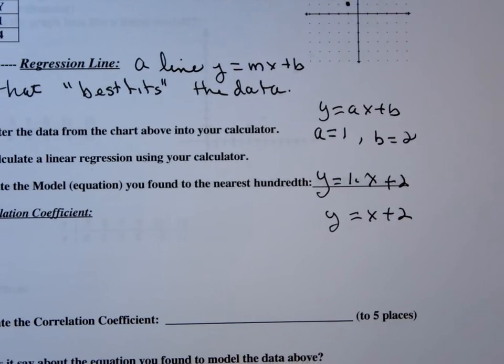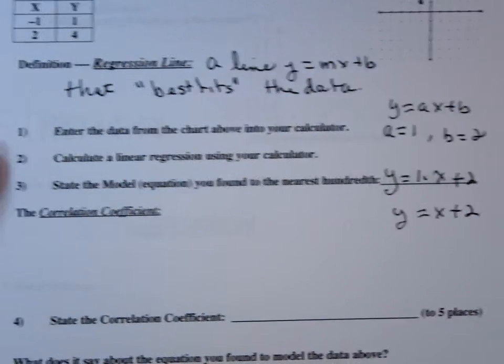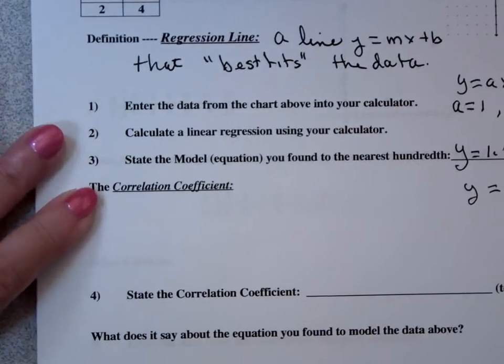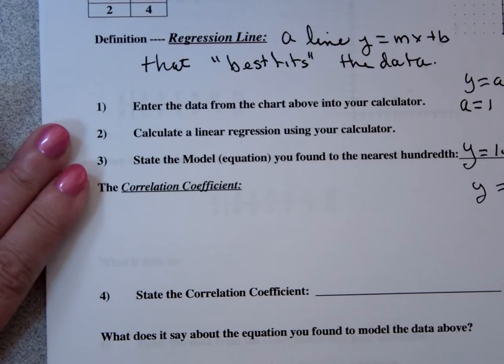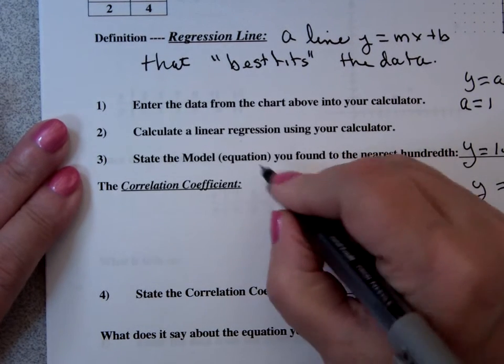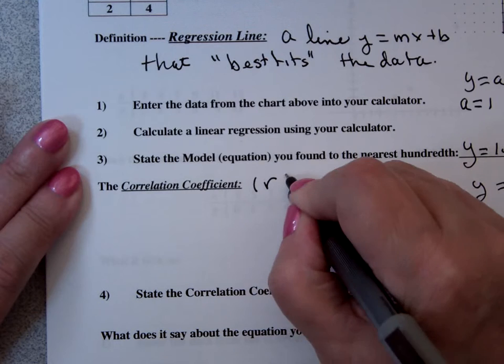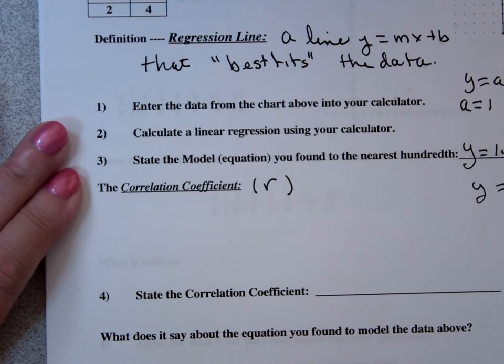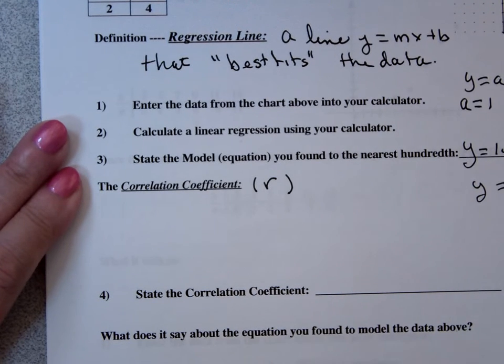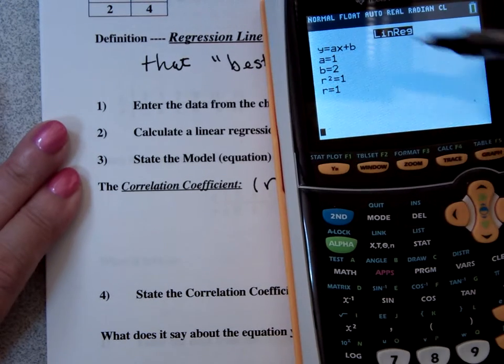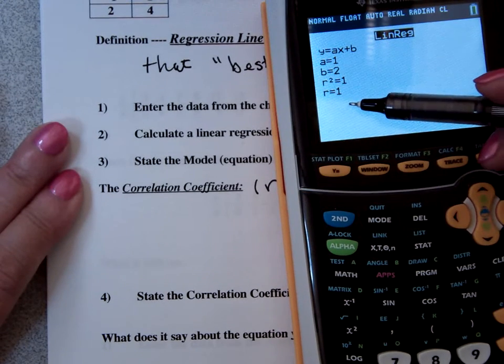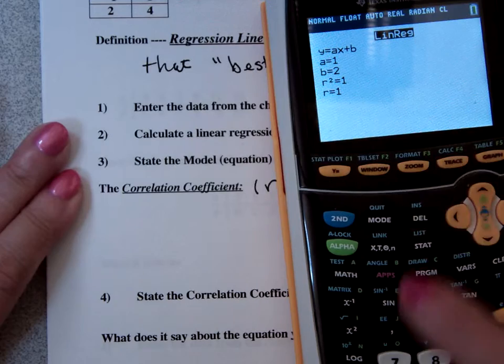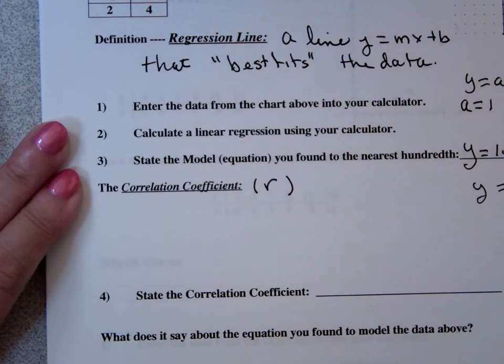The next thing is this word called a correlation coefficient. The correlation coefficient, that's R. If we look at what it gave me, it gave me an R squared and an R. R squared is the square of R. R is the correlation coefficient.